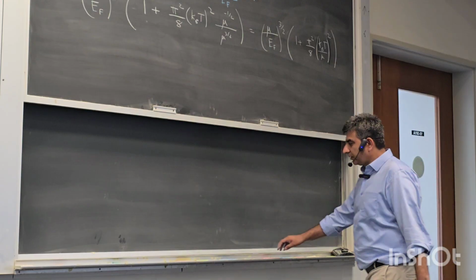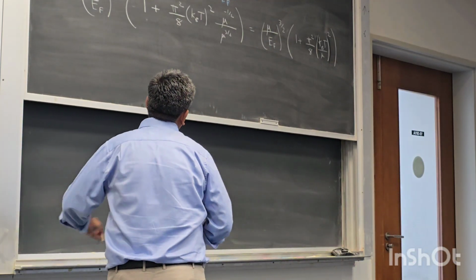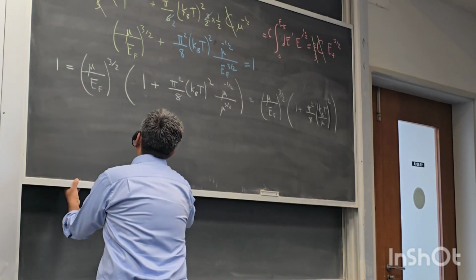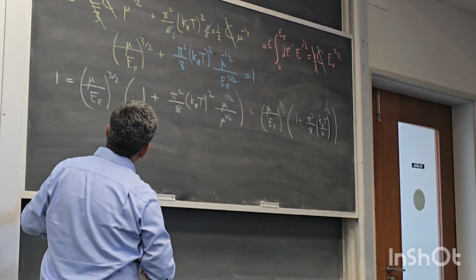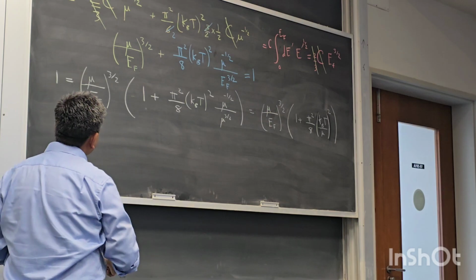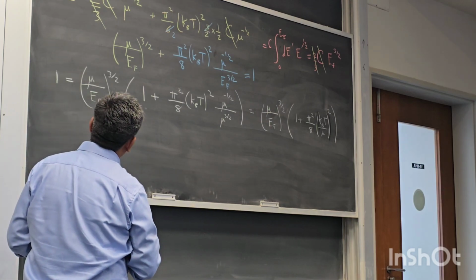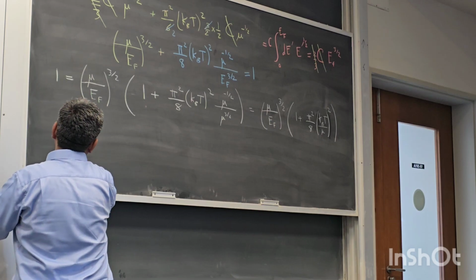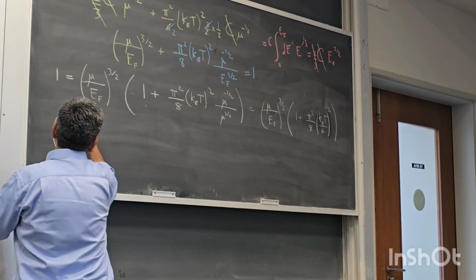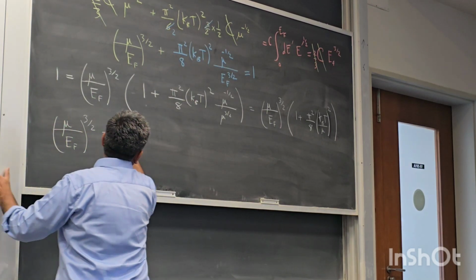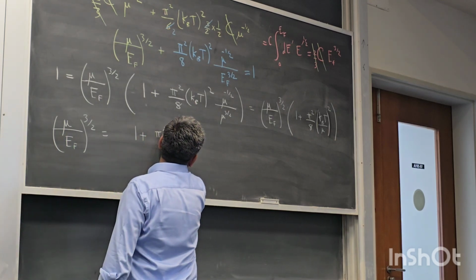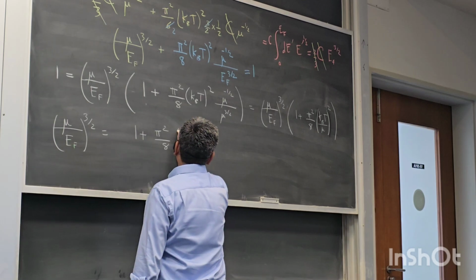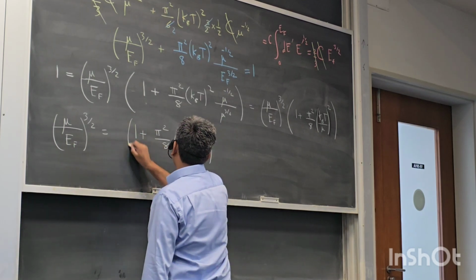So I could kind of rephrase this as pi square over 8 kBT over mu squared minus 1, right?